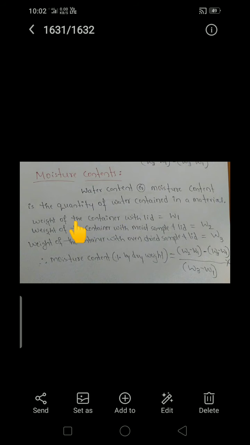Then the second one is the weight of the container with moist sample or soil and lid. Here we place some moist fine aggregate, which contains some water, plus the lid that covers the container. So that will be W2.